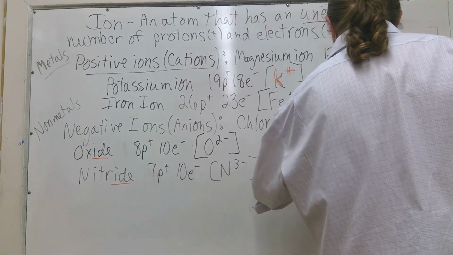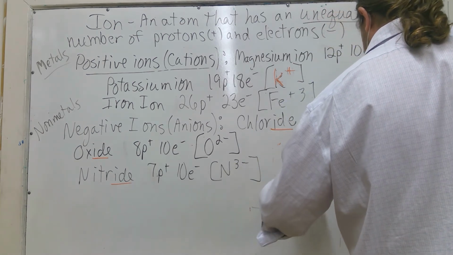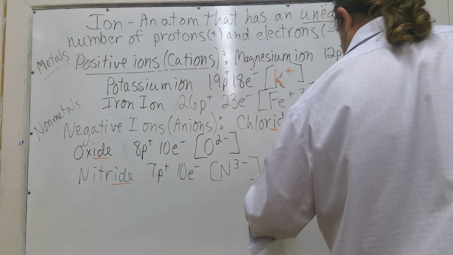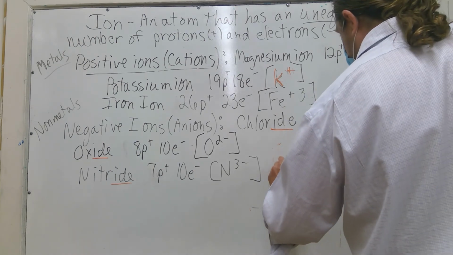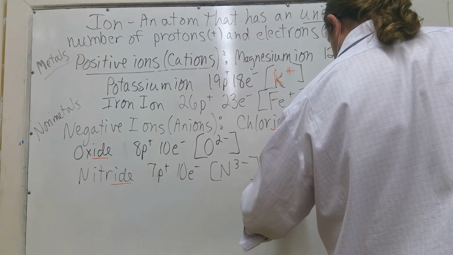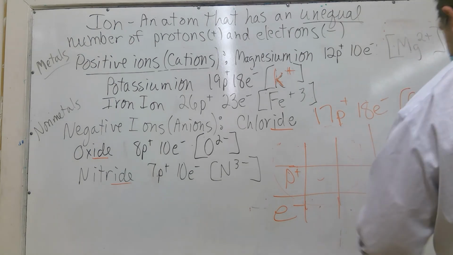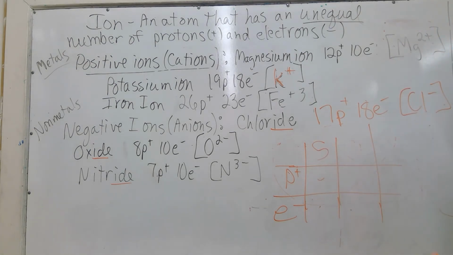Look on your periodic tables and take a look at sulfur. You will see that sulfur is element 16. So how many protons and electrons would this mean if sulfur were in elemental form?